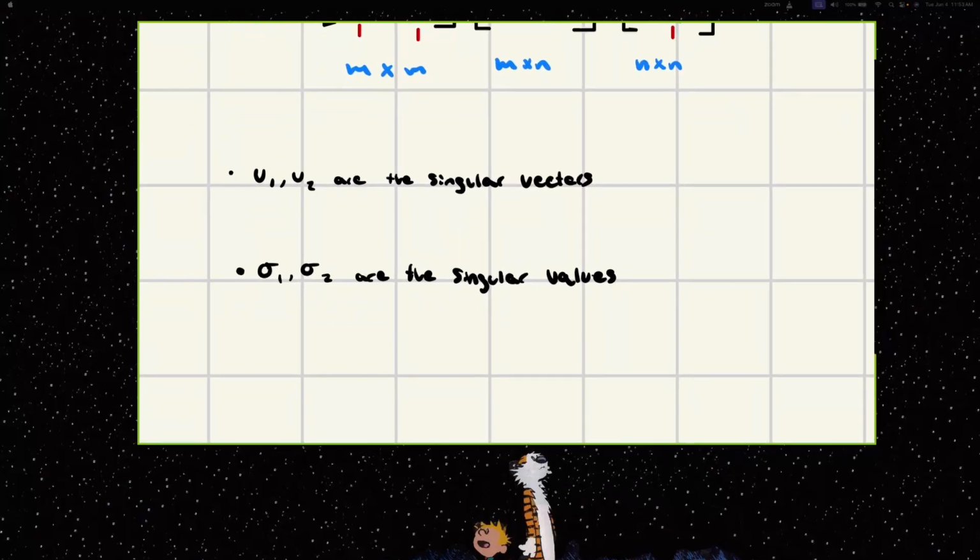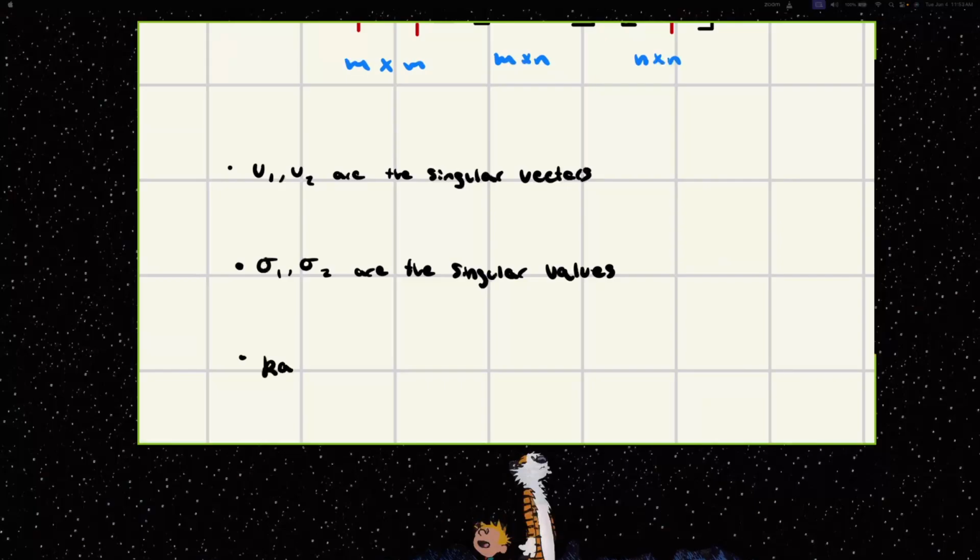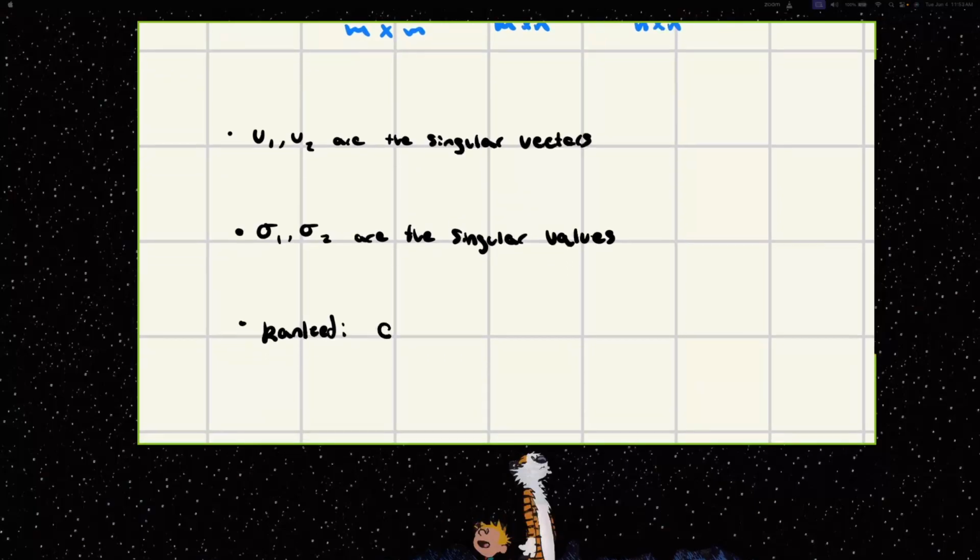And it's important to note that the singular values are ranked generally, this isn't always the case, but generally we rank them in this descending order. So the first singular value should be larger than the second singular value, and this should go on and on and on.